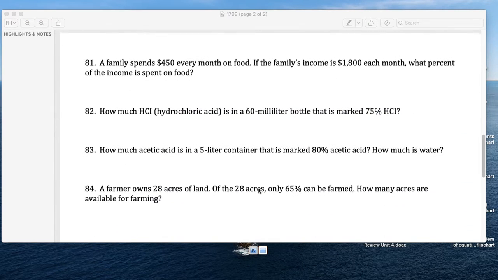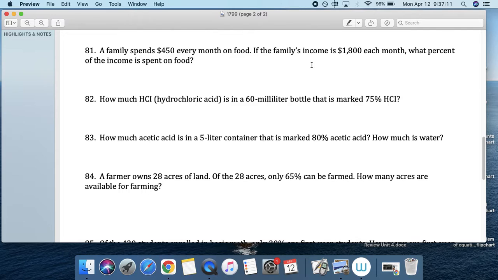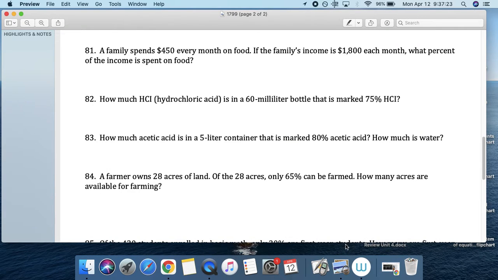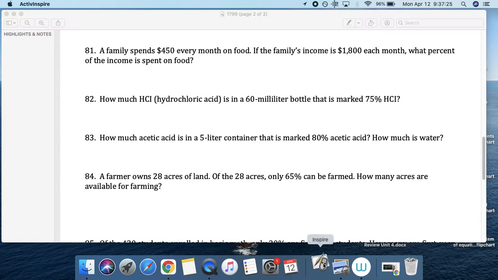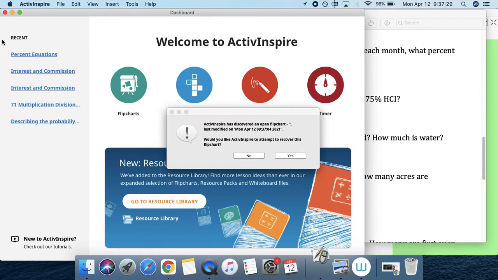A family spends $450 every month on food, and their income is 1,800. So what percent of that income is food? Okay, so again, it's the same.